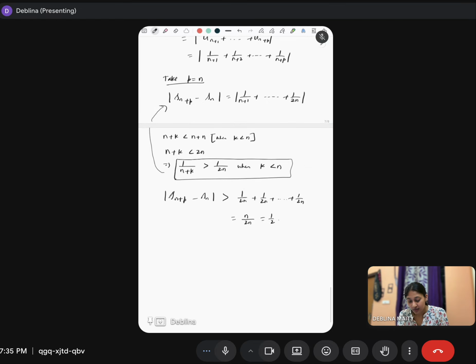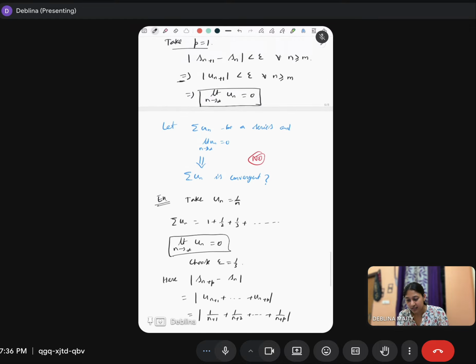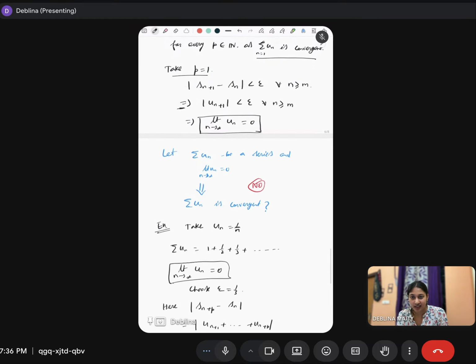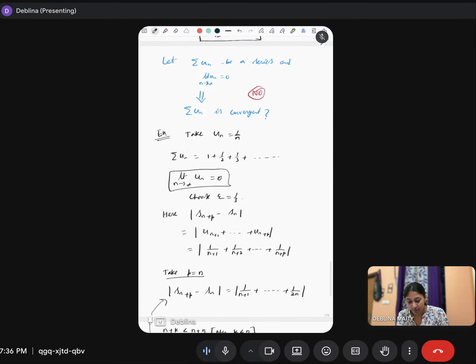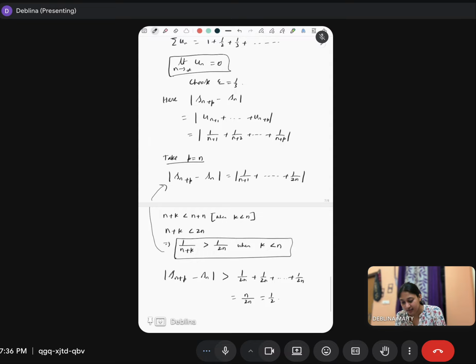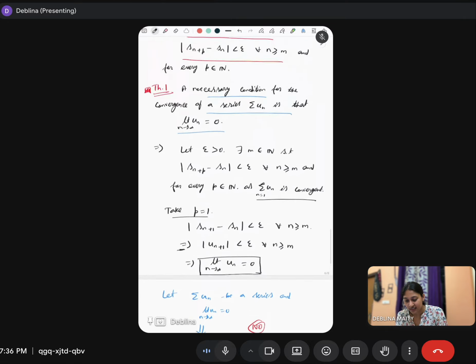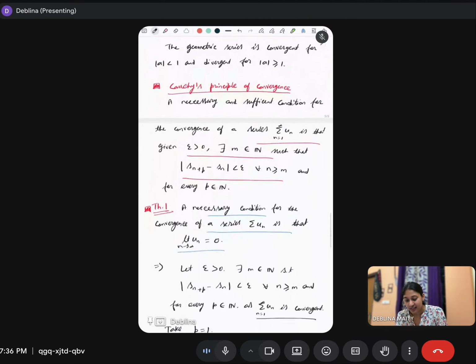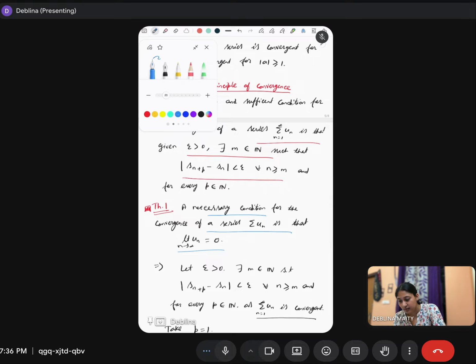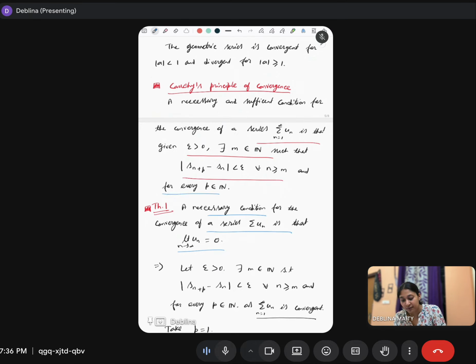Now we see that it contradicts the Cauchy criterion. In the Cauchy criterion, the condition has to be true for every p; for every p this has to be satisfied.